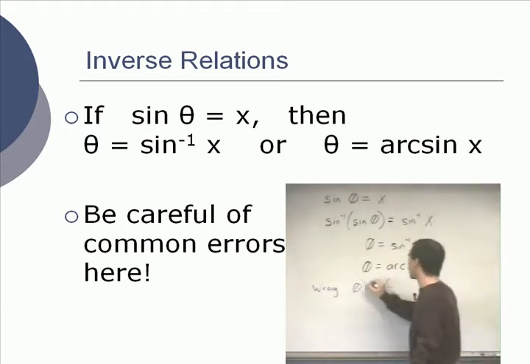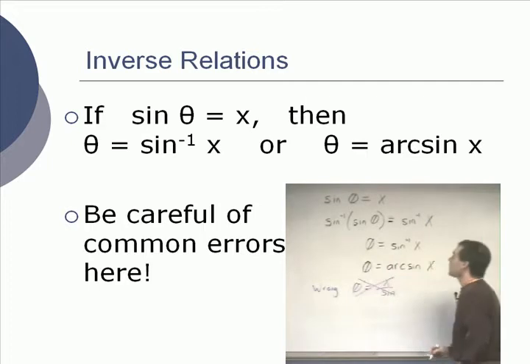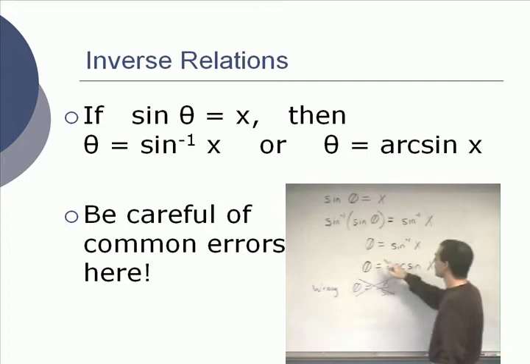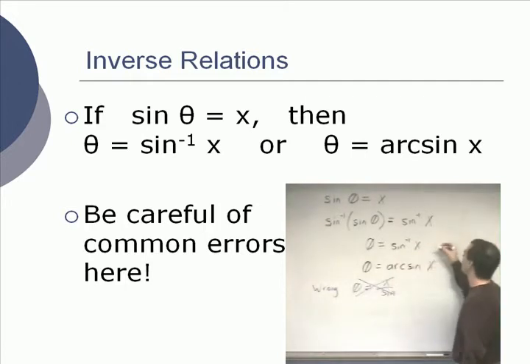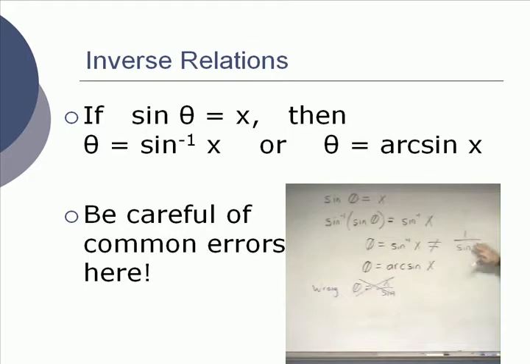So don't make that mistake. The other mistake that's often written is in regards to this. If we know that theta is the inverse sine of x, that is not by any means equal to 1 over sine of x. What is 1 over sine of x? We have a name for 1 over sine. It's cosecant, and that is not the same as the inverse sine. We say this is the inverse sine or the arcsine. Be careful of those two things.